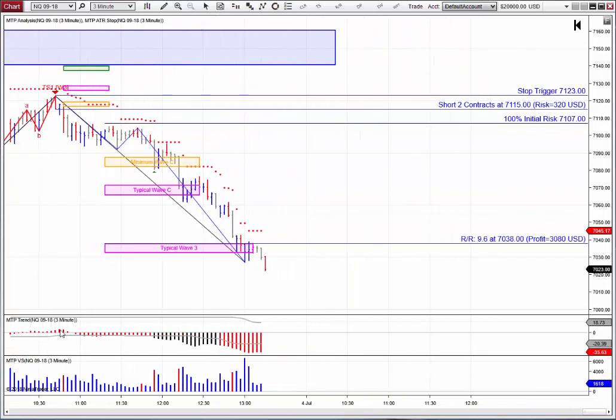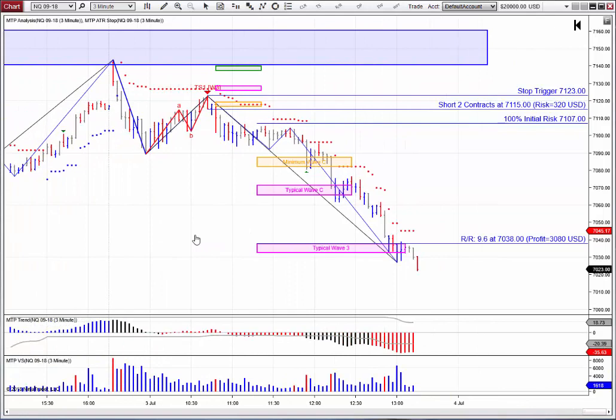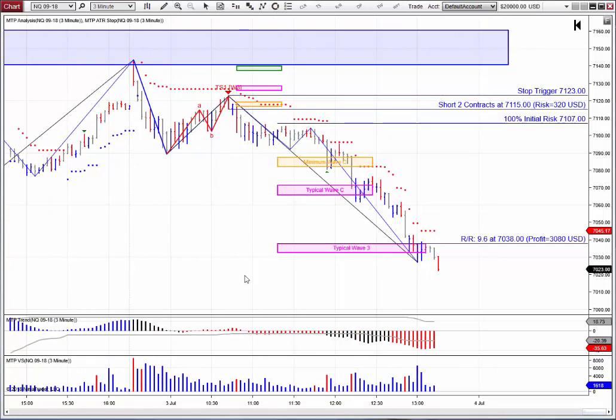Can you see it was red at the time of that setup? So all in all, a very good example of the MTPredictor Wave 3 trade setup demonstrated here on our NinjaTrader 8 add-ons for a 3-minute chart of the NQ with 15-minute higher time frame support and resistance. And as you can see, the result was a very, very good trade of approximately 9.5 times the initial risk.